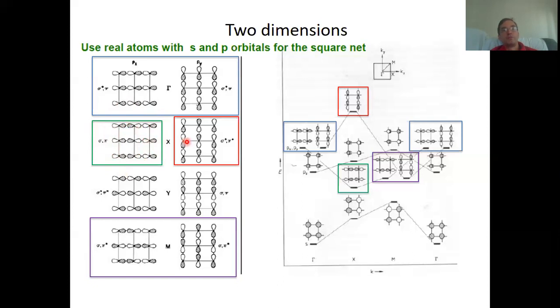So now what about the py? As we flip the algebraic sign of the py orbitals in x direction, we actually make the pi interactions antibonding.